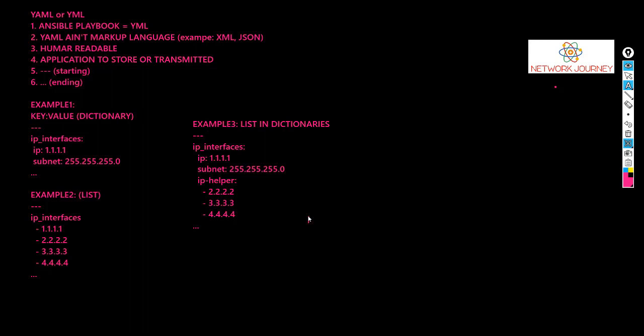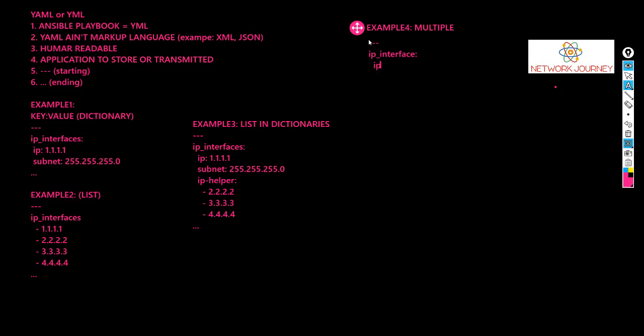Similar way, example 4, where you can have multiple lists in a dictionary format. So let's say example 4, multiples. Something like this. Say for example, hyphens, you go with your IP interface.